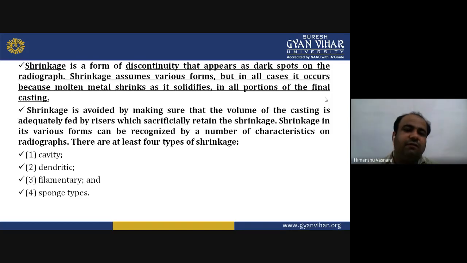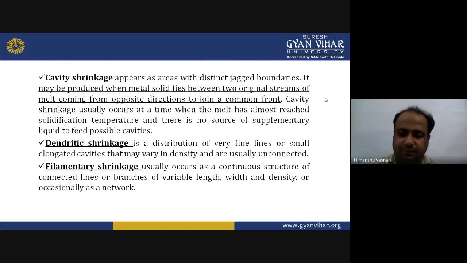Normally we have four types of shrinkage that we usually see: cavity, dendritic, filamentary, or sponge type. They appear as dark spots on the radiograph. Cavity shrinkage appears as areas with distinct jagged boundaries. It may be produced when metal solidifies between two original streams of metal coming from opposite sides to form a common front.